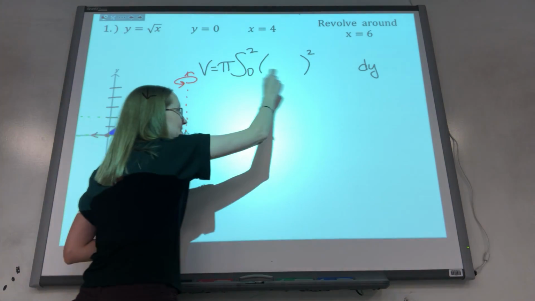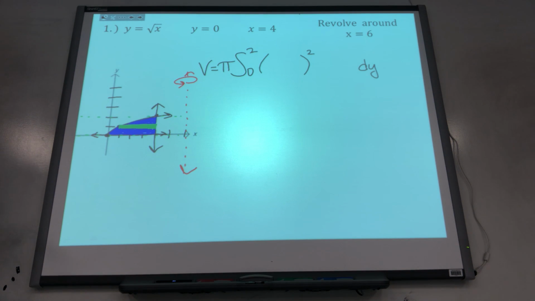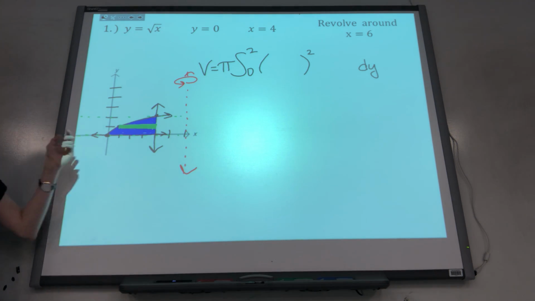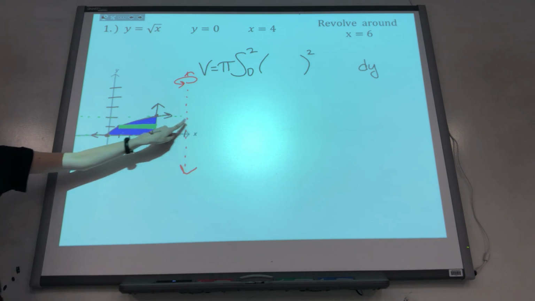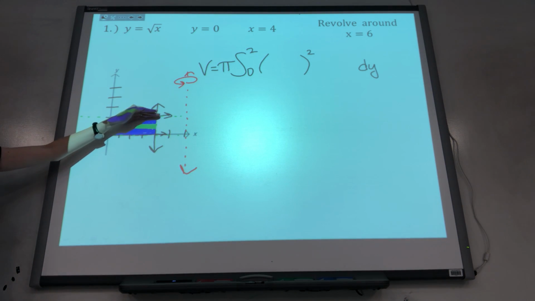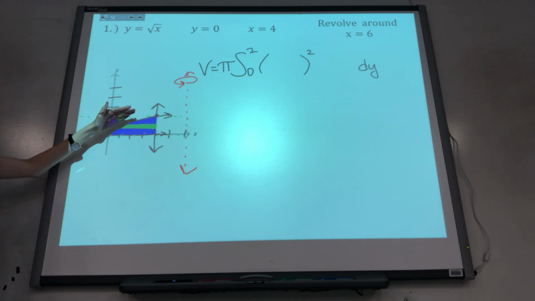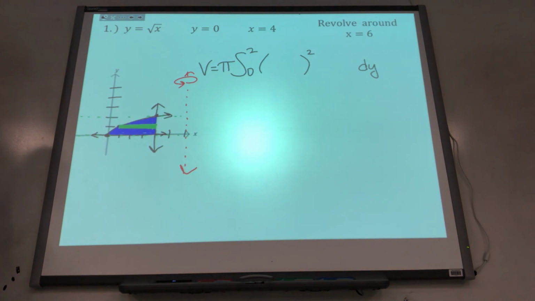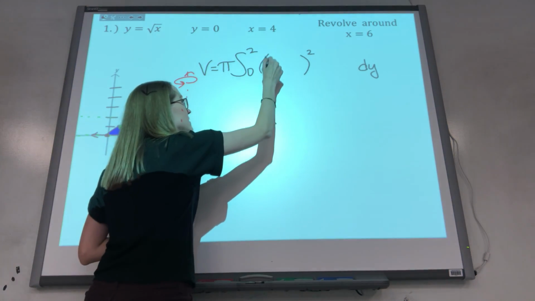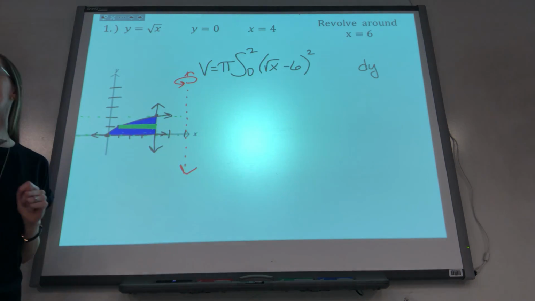And I'll start with the outer radius. To get the outer radius, I want to take the function that forms the outside of the washer. So in this case, it would be our square root function. I want to take that minus 6 because that was our axis of revolution. Now, would it make sense if I did that, square root of x minus 6?